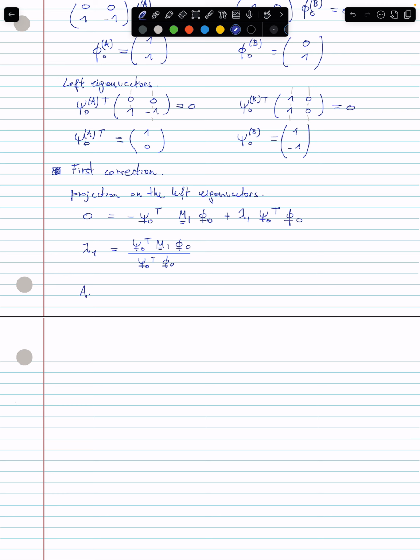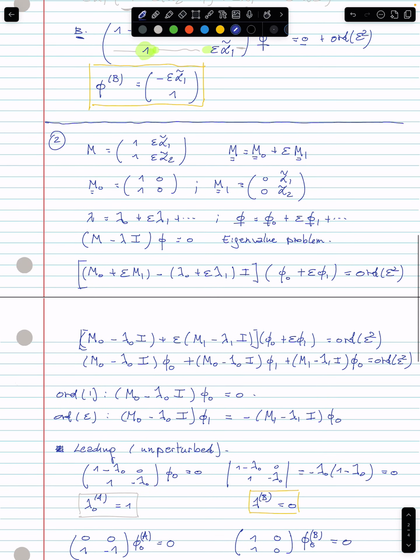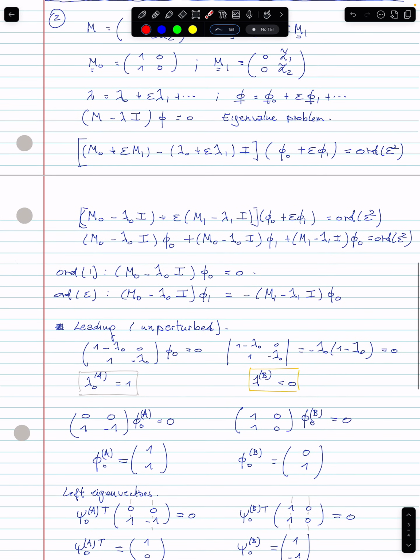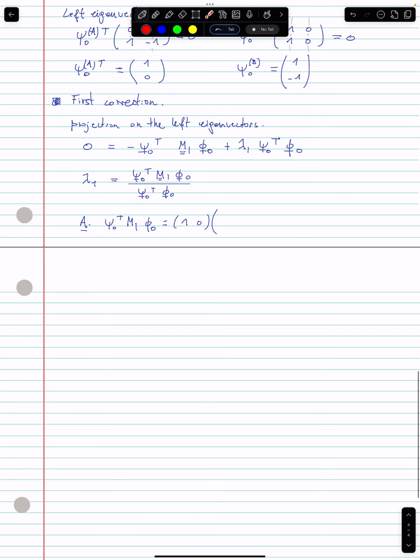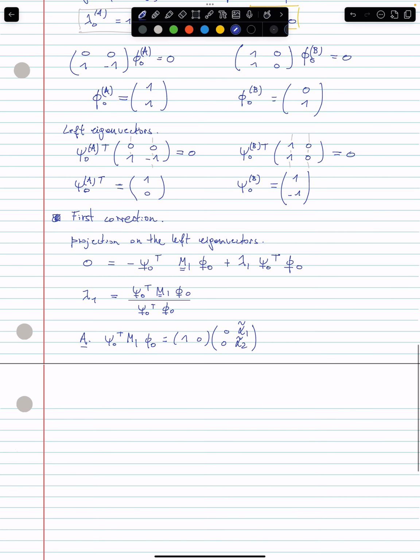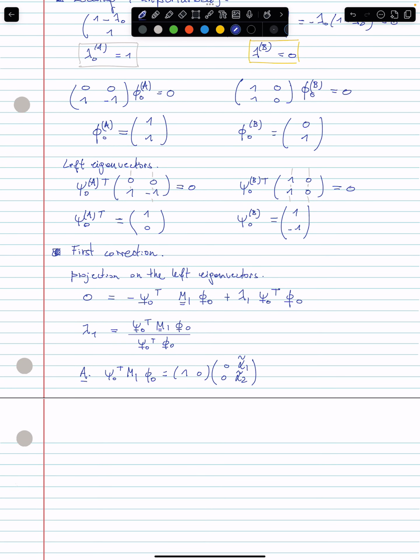All right, so A, psi 0A transposed M1 phi 0. This is 1, 0 multiplied by M1, which was introduced earlier over here. This is now where alpha 1 and alpha 2 enter into the picture, alpha 1, alpha 2, and this needs to be multiplied by phi 0, which is 1, 1.